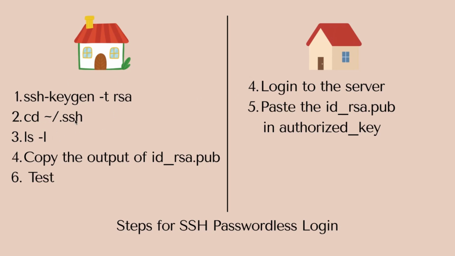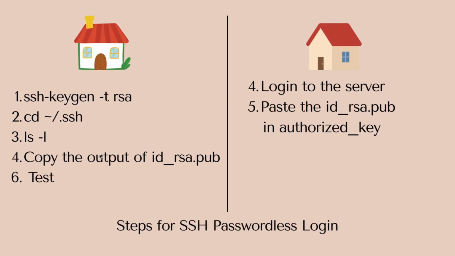Then we will cd into the .ssh folder and we will do ls -l. When we do ls -l, we can see id_rsa, that is the private key, and id_rsa.pub, that is the public key.